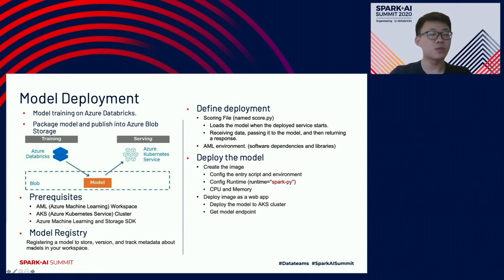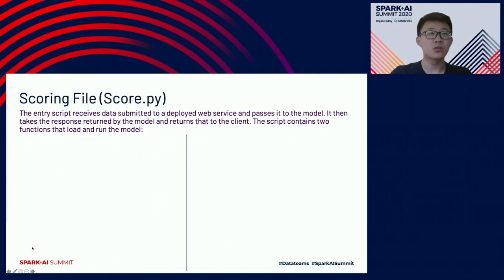Once this image is defined and created, we can deploy the image as a web service into the Azure Kubernetes cluster and then get an endpoint. Now, once the model is deployed and the endpoint is ready, we can easily consume the model by using both the SDK and also the endpoint as a REST API service.